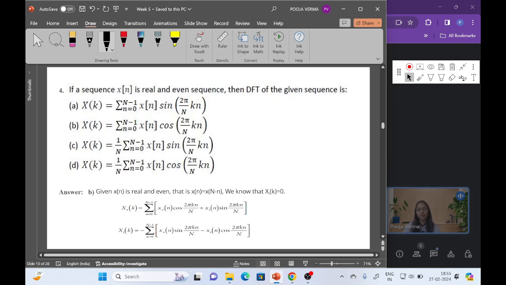Okay, so moving to the next question. If a sequence x(n) is real and even, then the DFT of the given sequence is. So we have already gone through the properties of the symmetric DFT of a sequence. If the sequence is real and even, then what will be the DFT of this sequence?